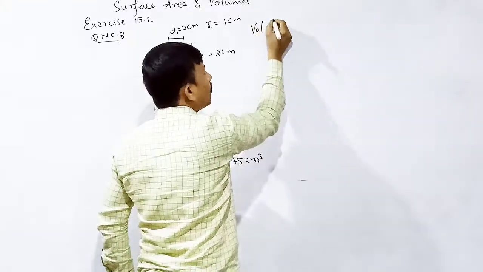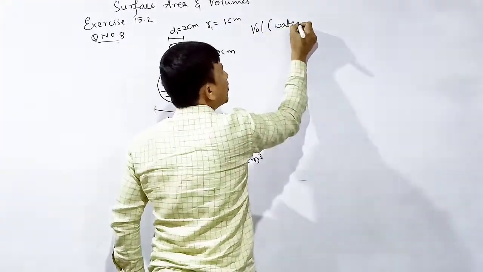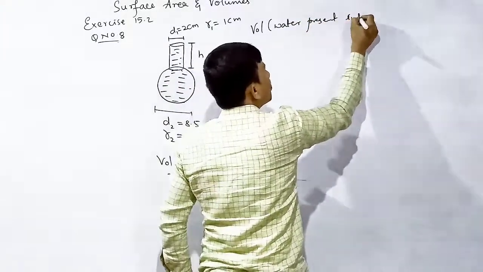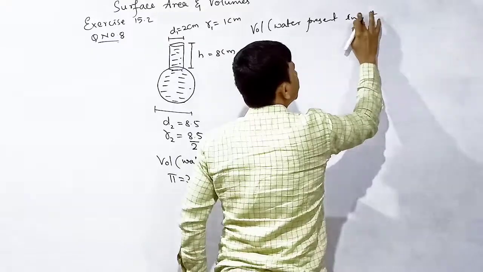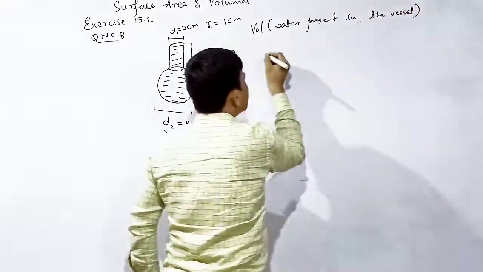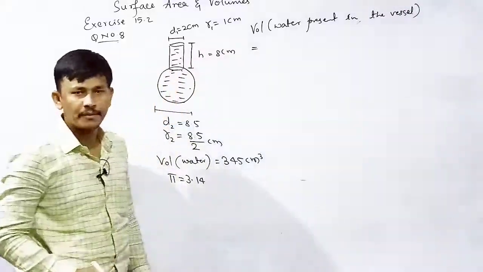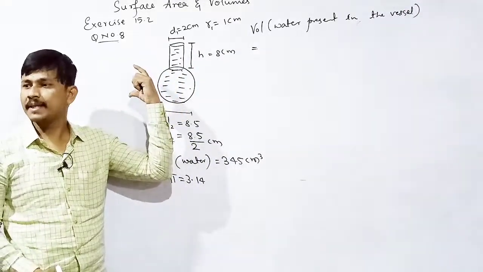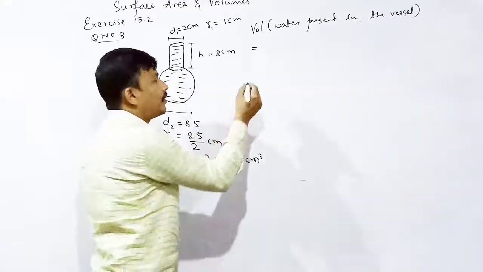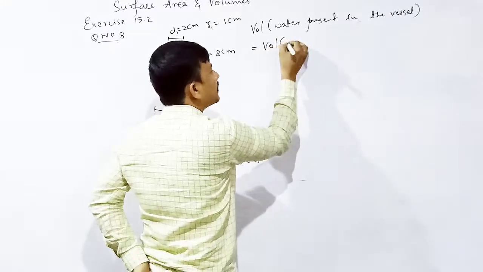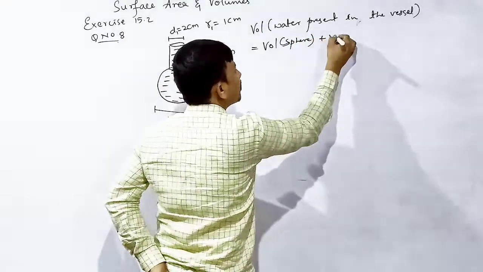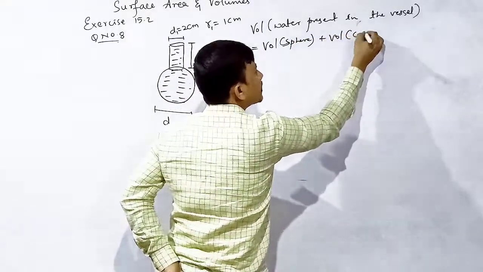Total volume of water present in the vessel is equal to, what is the formula here? Volume of sphere plus volume of cylinder.